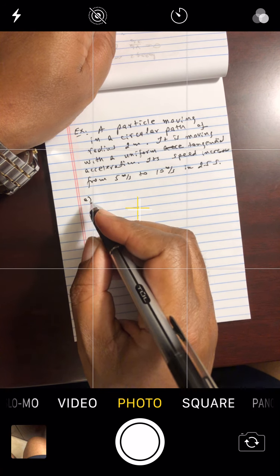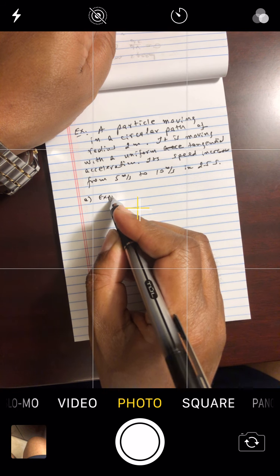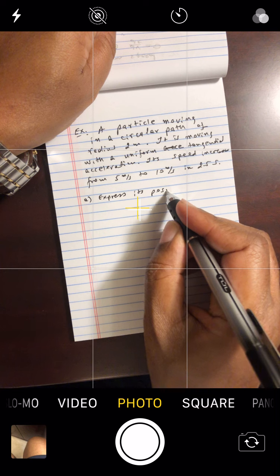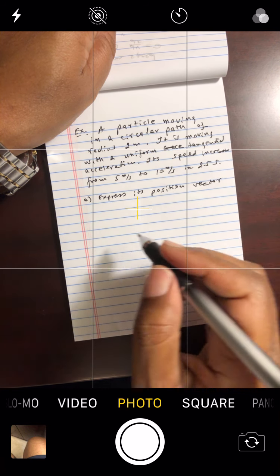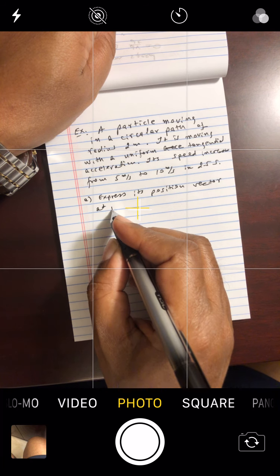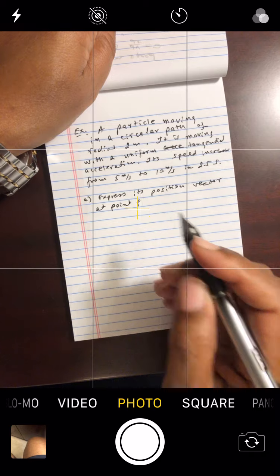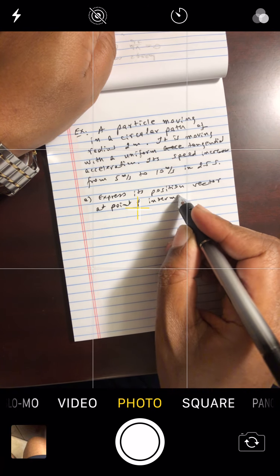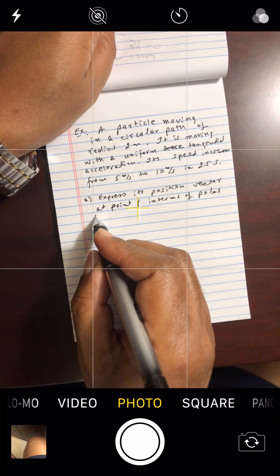so A, express its position vector, let's say at point P, in terms of polar and Cartesian coordinates.